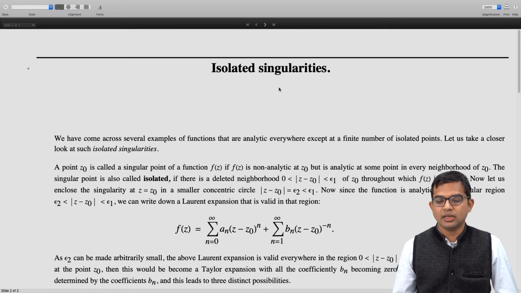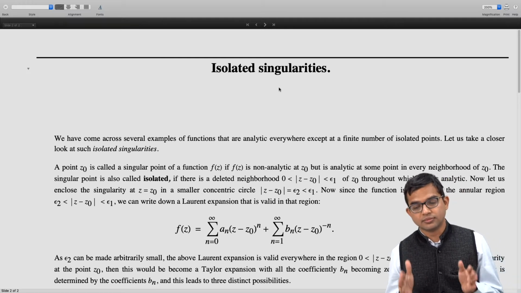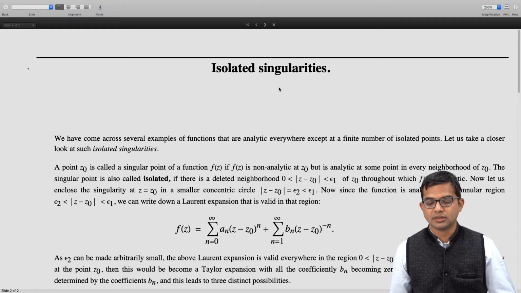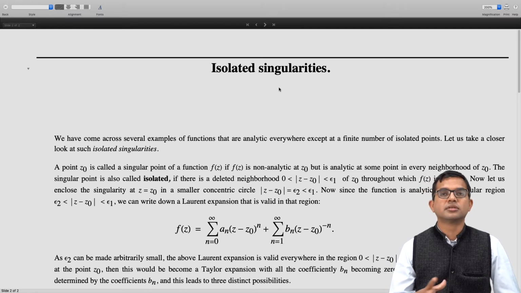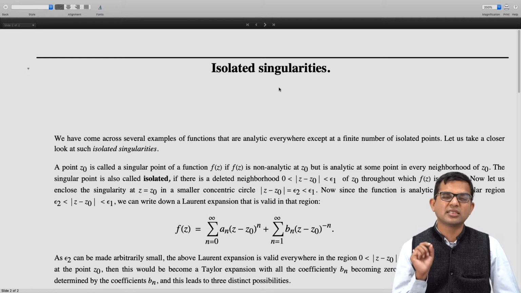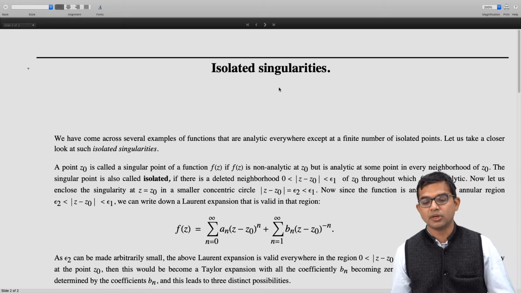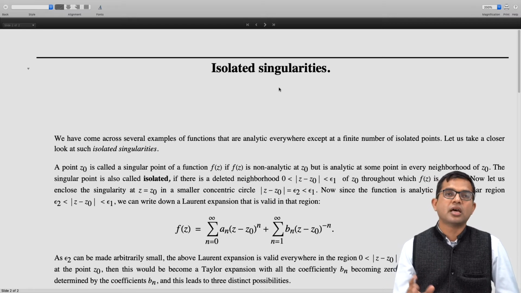If there is a deleted neighborhood, that's a technical term. A deleted neighborhood simply means some region 0 < |z - z0| < epsilon 1. You're able to find some radius, a circle of radius epsilon 1, and every point inside this region is analytic except this point z0. That's what is meant by this deleted neighborhood, throughout which f(z) is analytic. Then you say it's isolated.